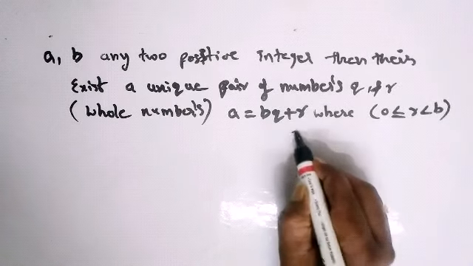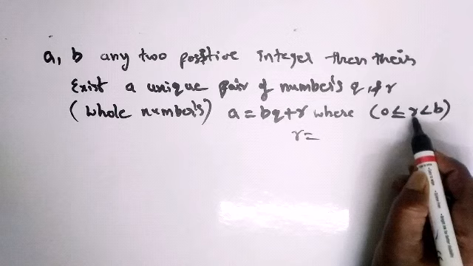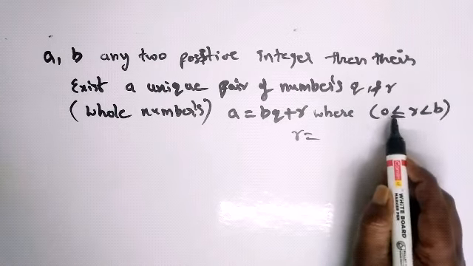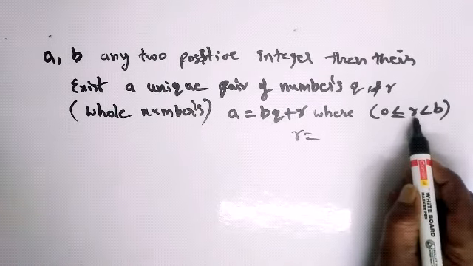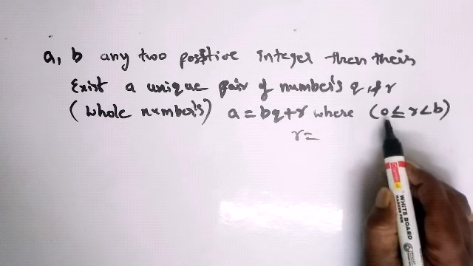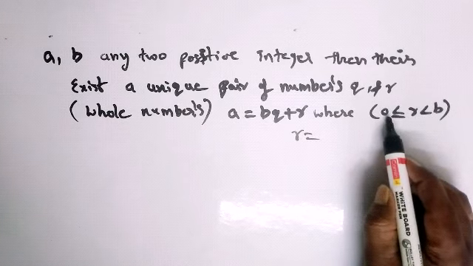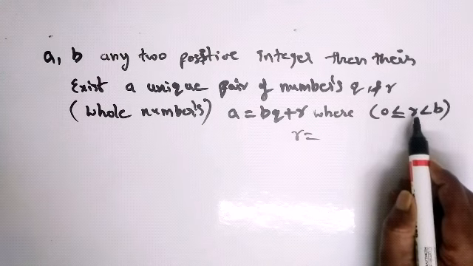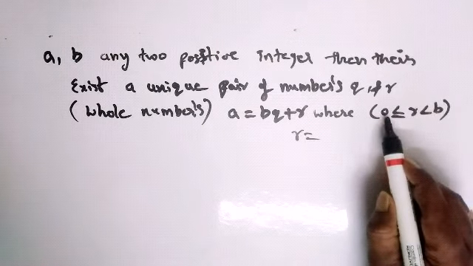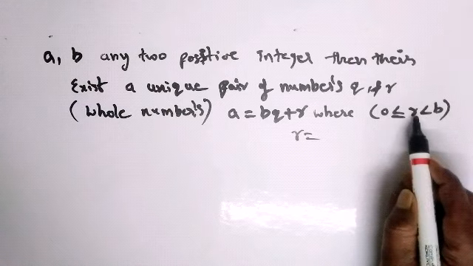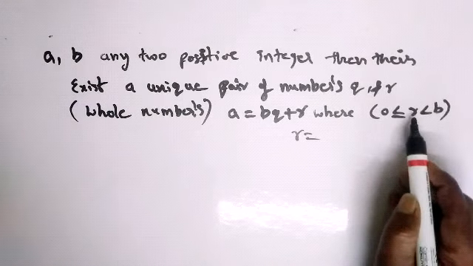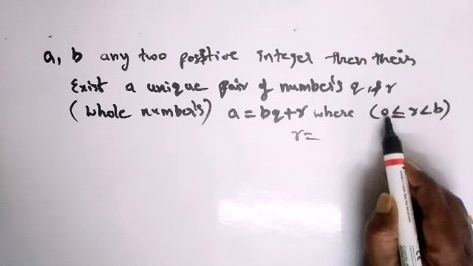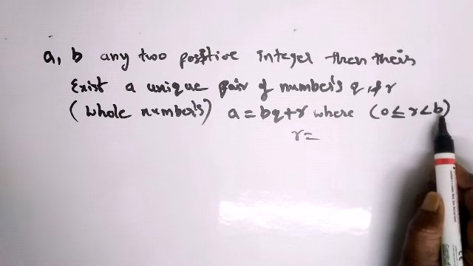It means the values of r start from 0: 0 less than or equal to r, so r can be equal to 0 or greater than 0. So the values of r start from 0 and are less than b.